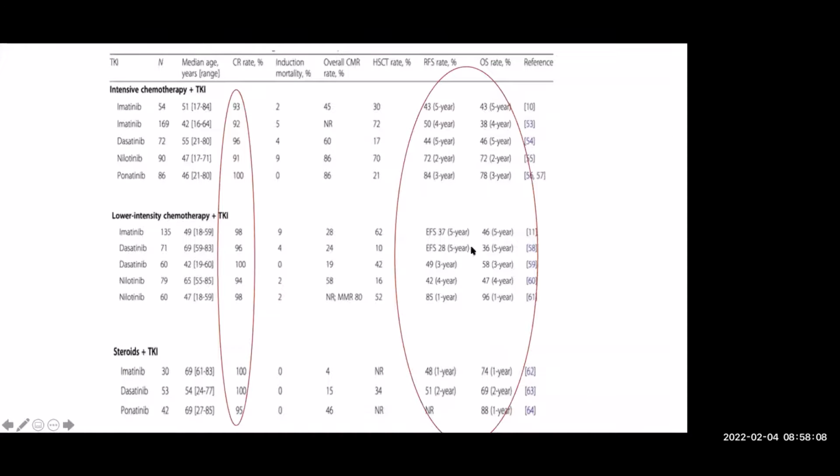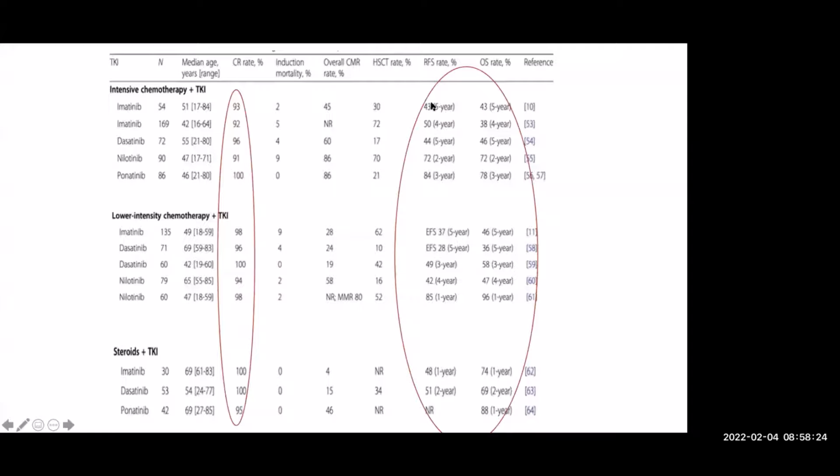So these are the three approaches which I have summarized till now. What we find is that the CR rates are almost the same. There's not much difference, but the RFS and the OS rates become different based on the chemotherapy backbone which we use.